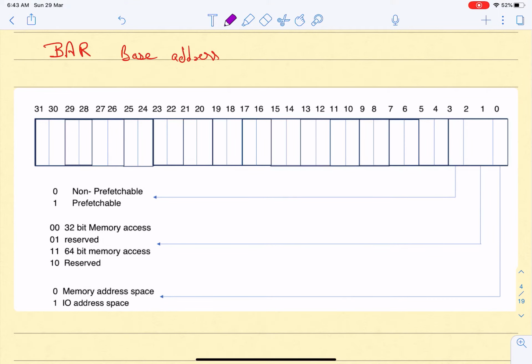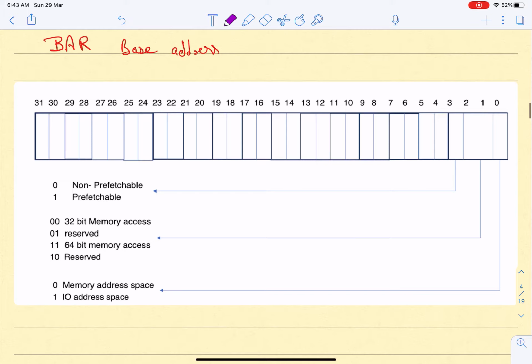We discussed the BAR address registers. In header type 0 we have 6 BAR registers, and in header type 1, the bridge configuration space, we have 2 BAR registers. In a BAR register, 4 bits are read-only bits, and they are configured depending on whether the BAR is used for configuring memory address space or IO address space.